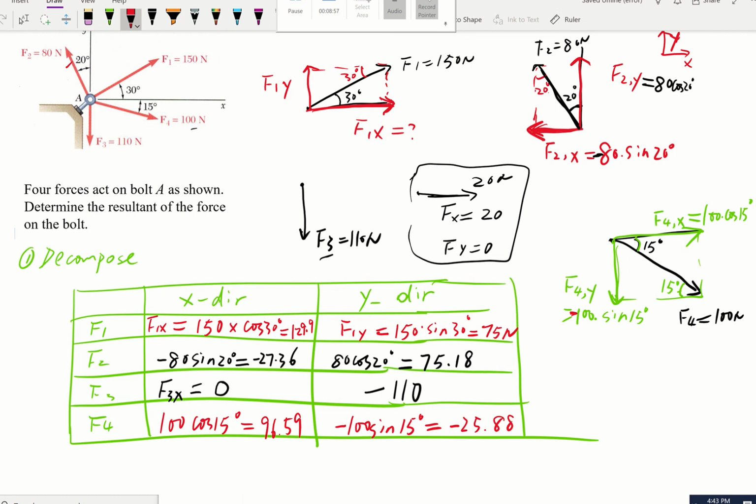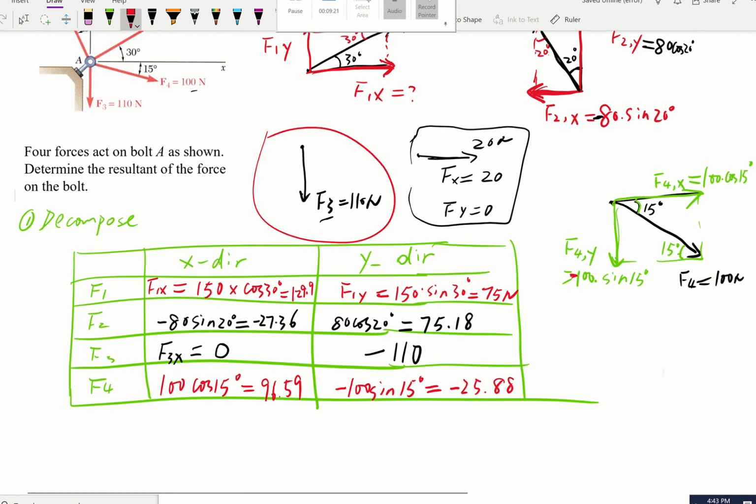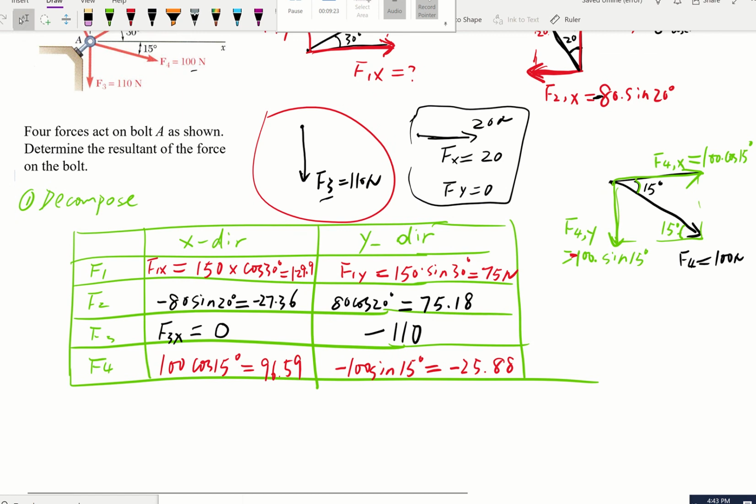Hopefully this table will help us organize those numbers together and review this part. The pitfall is to watch out for the signs. And another unique thing we learned: when the force is perfectly vertical or perfectly horizontal, then you know the other component will be 0, right? Okay. So knowing that, we're going to move on to our step number 2.